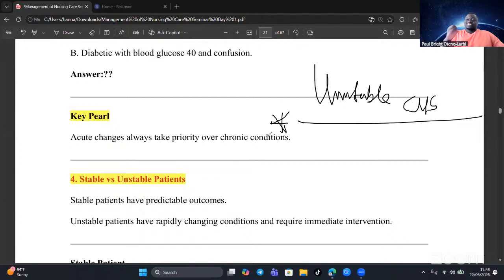If you don't know your body systems and their assessment, it will be difficult to know stability or instability in human beings. So somebody has come with an unstable cardiovascular system. How will you know that this patient has an unstable cardiovascular system?